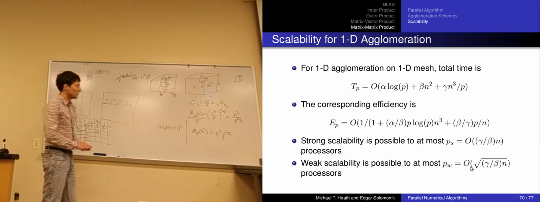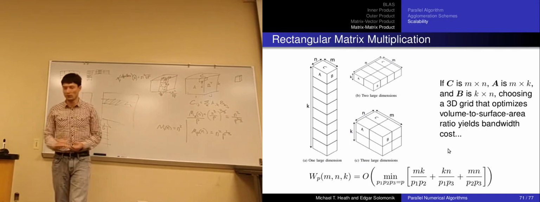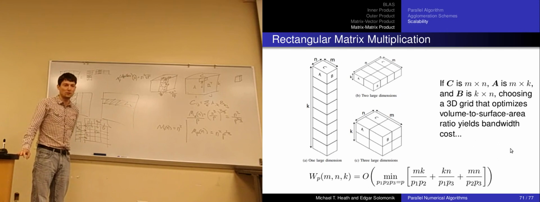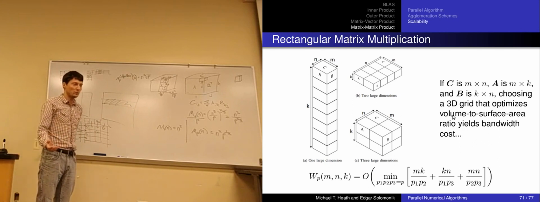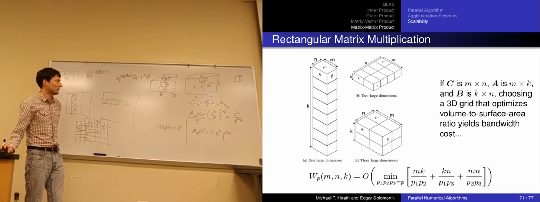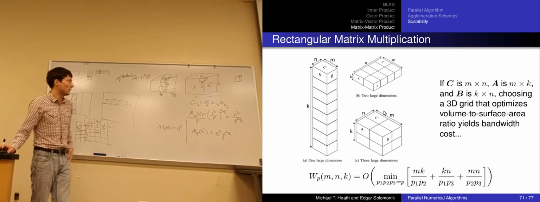Okay, then to talk a little bit more about rectangular multiplication, which I've already talked about more than I kind of intended, but it's a very interesting topic. While matrix multiplication will be a primitive in a lot of things we do, the matrix multiplications that arise are often rectangular and very non-square in our applications.